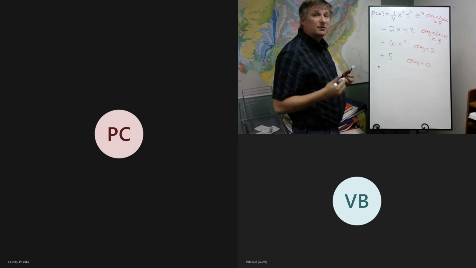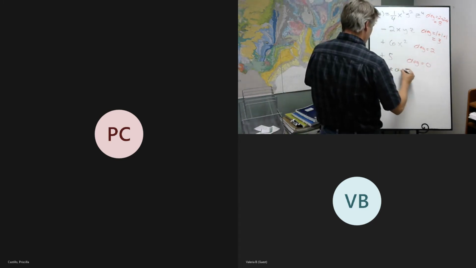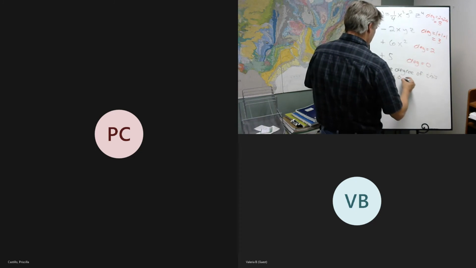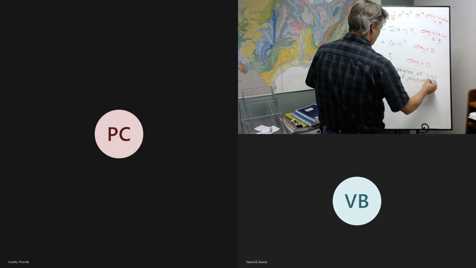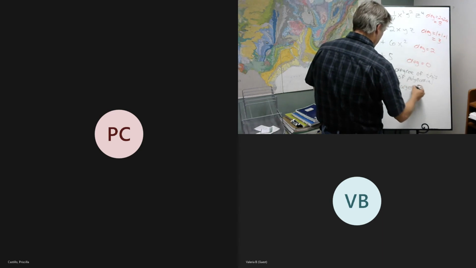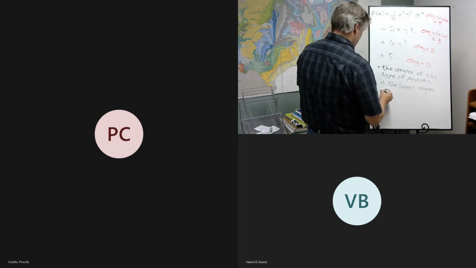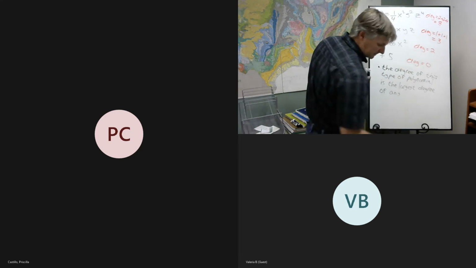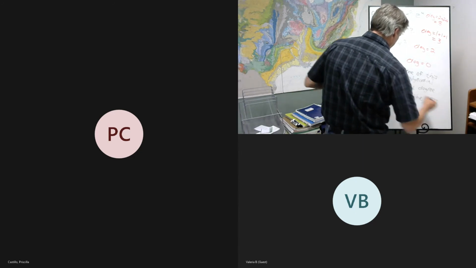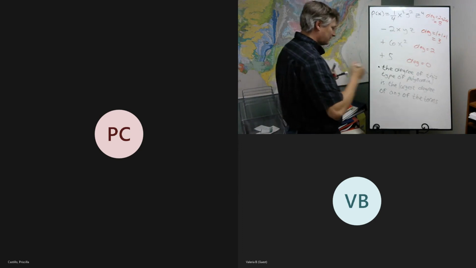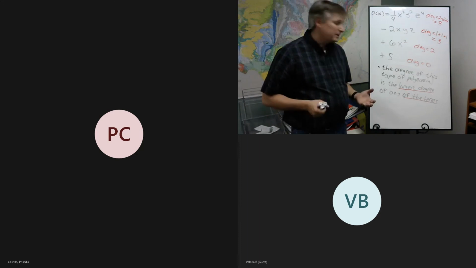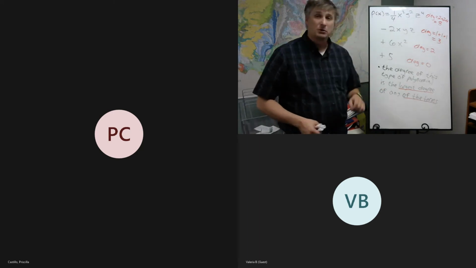Well, when we have multiple variables in here, this is what we say. The degree of this type of polynomial is the largest degree of any of the terms.